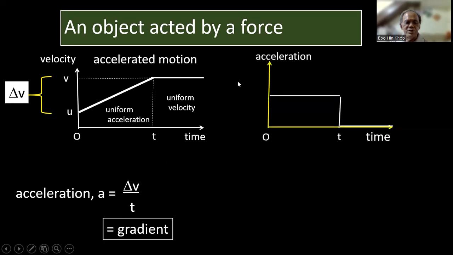Well, if we are required to draw the acceleration time graph, this part is uniform acceleration, it's constant acceleration. This part is uniform velocity, so no acceleration.